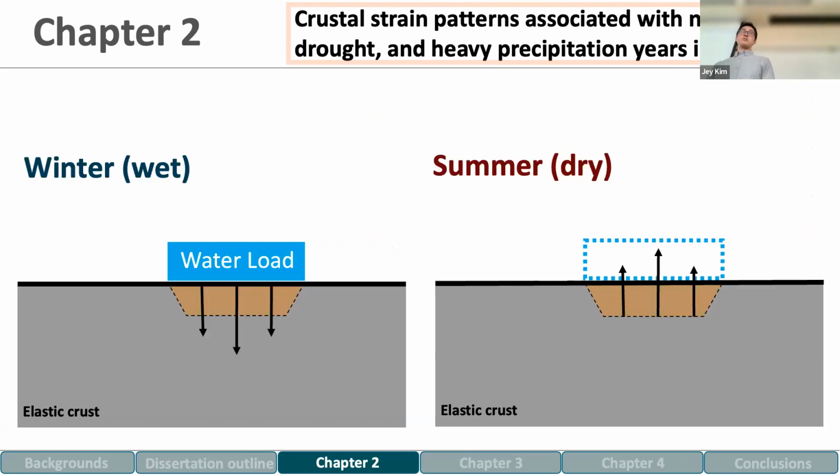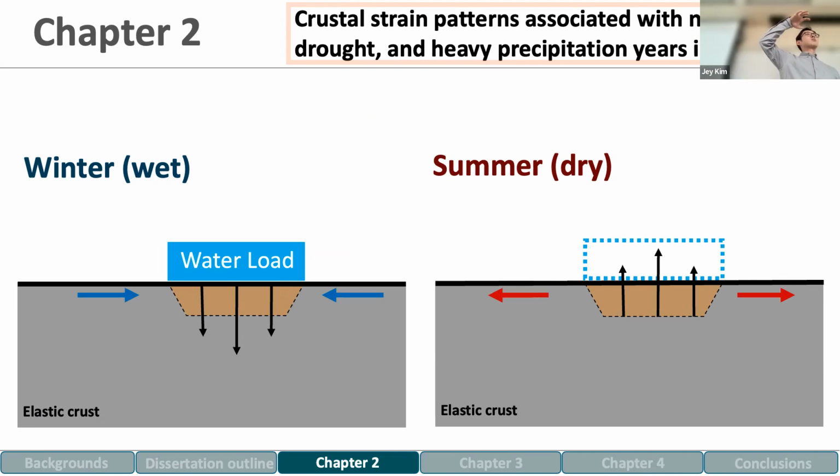There were a bunch of previous studies that discussed the vertical seasonal movements because of the seasonal hydrologic loading on the surface. But right now, in my talk, I'd like to focus on the horizontal flow.